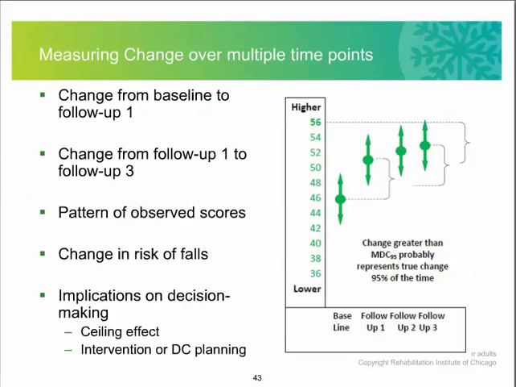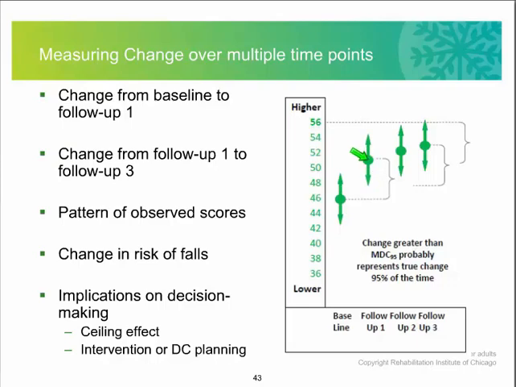From our series of scores over 4 time points, we can see a true change from baseline to follow-up time 1. Note that the margin of error for follow-up 1 no longer includes the cutoff score of 45 for a 2.7 times greater falls risk over 3 months compared to non-fallers.